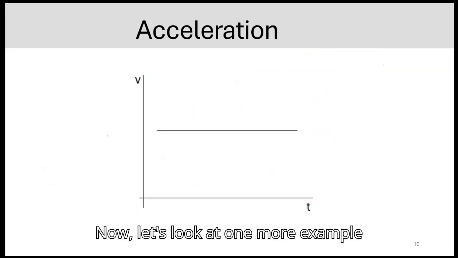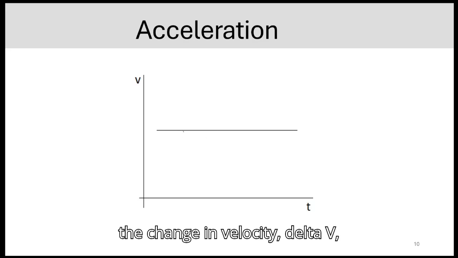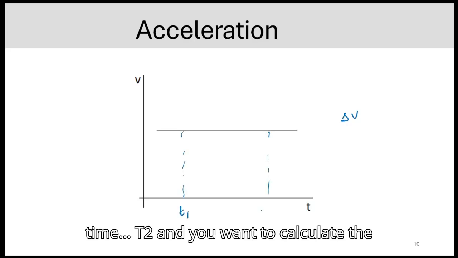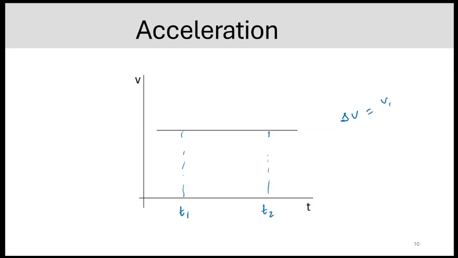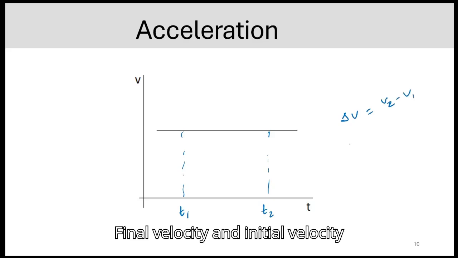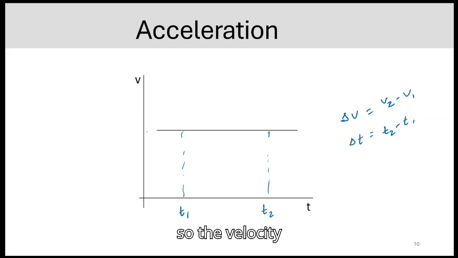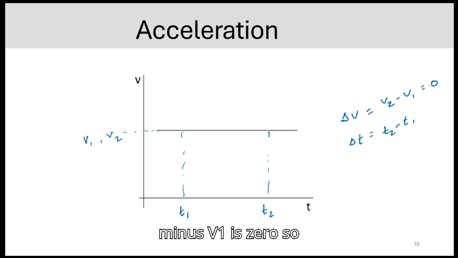Now let's look at one more example here. If you look at the change in velocity delta v, for example, if this is your time t1 and time t2, and you want to calculate the slope for the final velocity and initial velocity at time interval t2 minus t1, the velocities v1 and v2 are the same at the same point, meaning v2 minus v1 is 0.